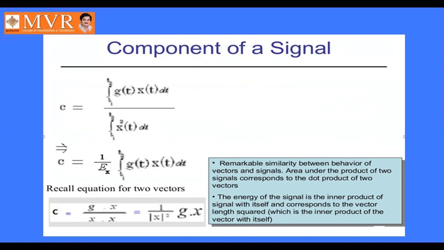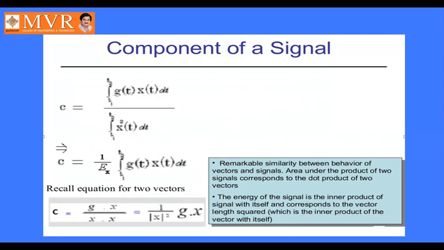It is like the vectors, g dot x by x square. But here these are signals, so we can write this as the integral t1 to t2 g(t) x(t) dt by the integral t1 to t2 x square of t dt.